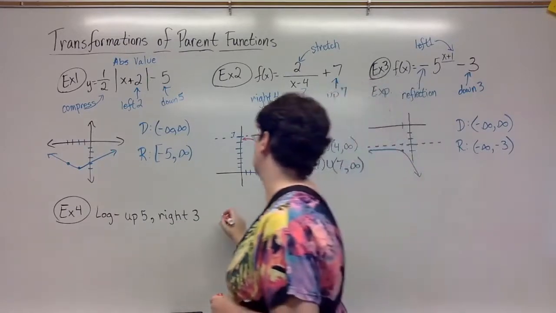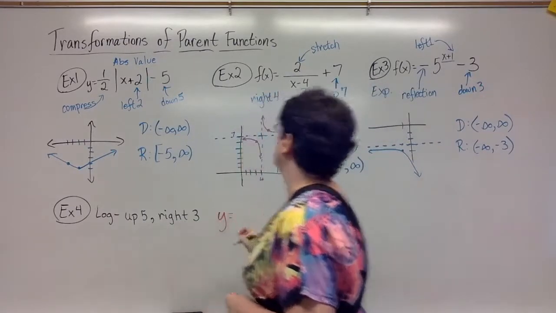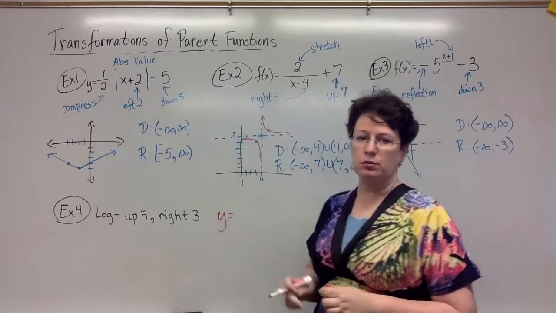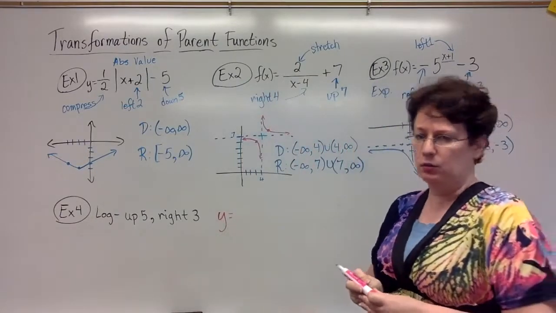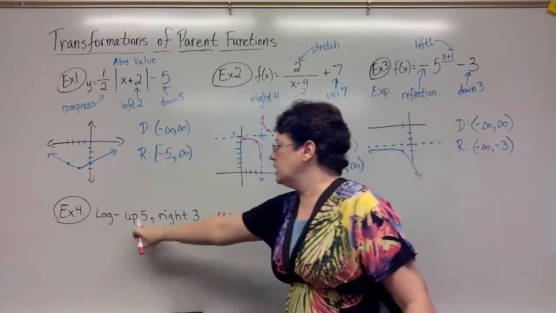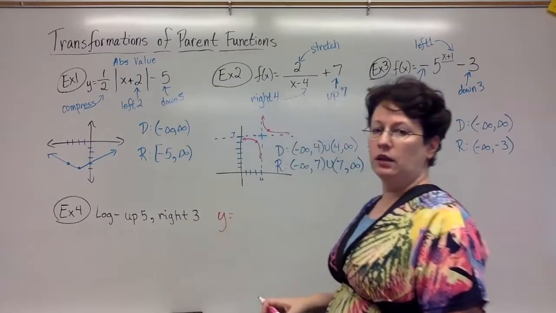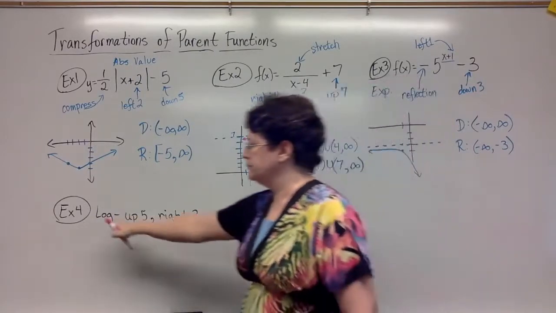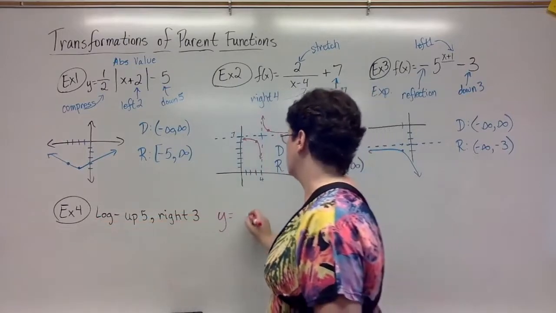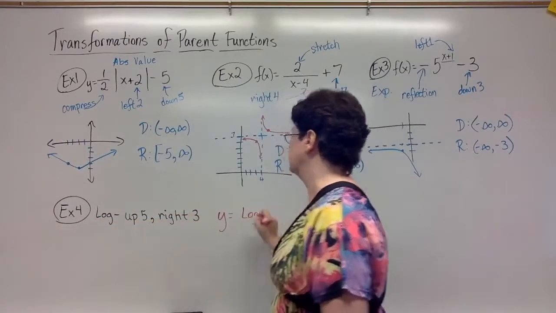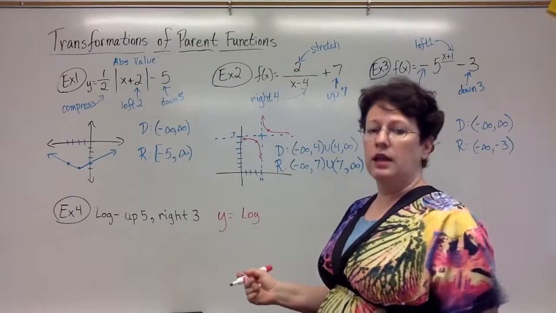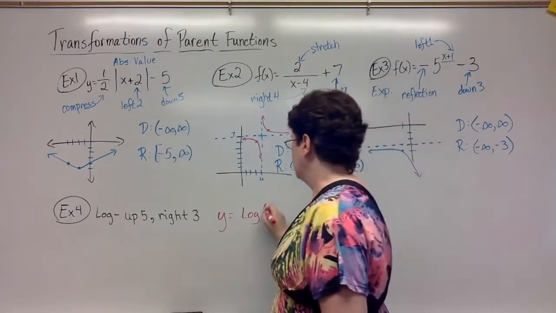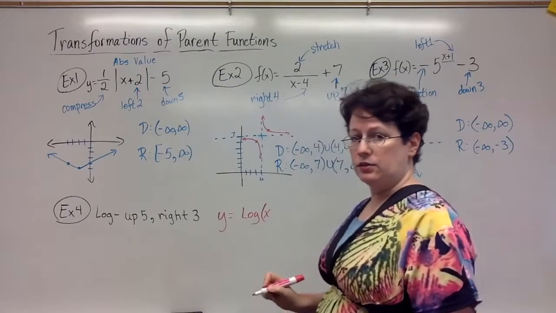First thing you always write is y equals. You can do f of x equals if you want to be fancy, and that's fine. Either one, okay? So we moved it up 5 and right 3. What is my function? It's log. So I'm going to write the word log because it's a log. Now, the log has to be of x.